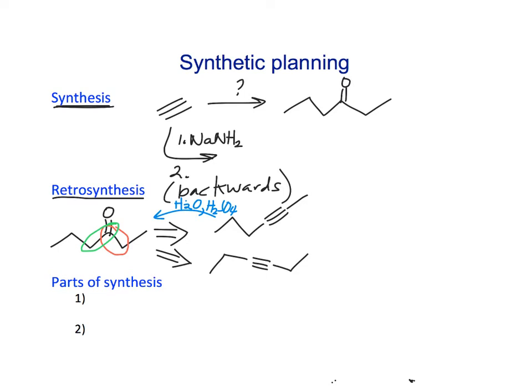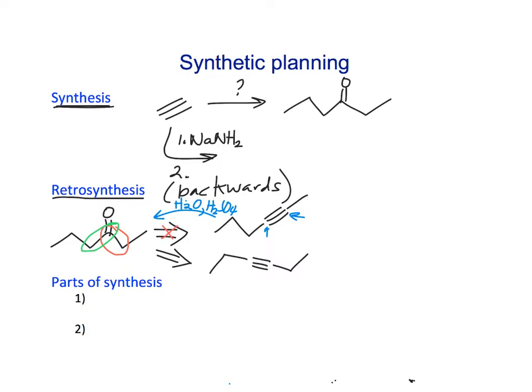The answer is yes, it could give us some product if the OH adds to this position. But because this alkyne is in the middle of a chain, the OH could also add to this position, and that would give us another product. So we would get a mixture of products. And so this way is not really so good.